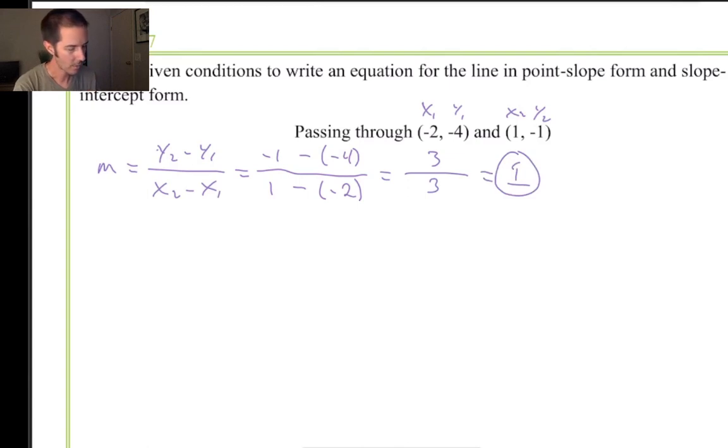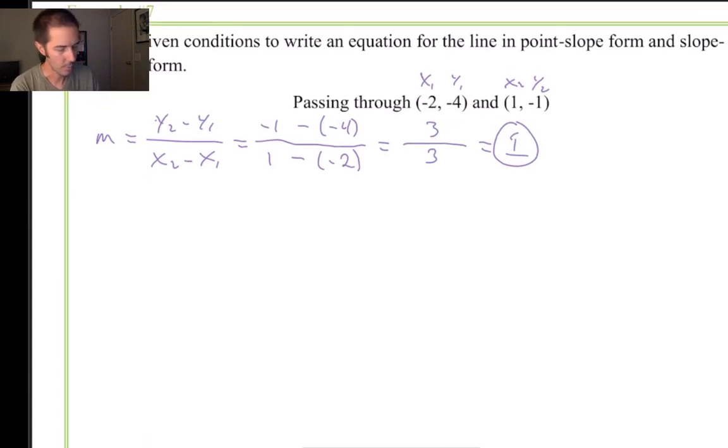And now, let's frame things up using point-slope form. Point-slope form says y minus y1 equals m times the quantity x minus x1. We know we've got 1, 2, 3, 4, 5 unknowns in this. All we need is 3 of them. Let me show you.